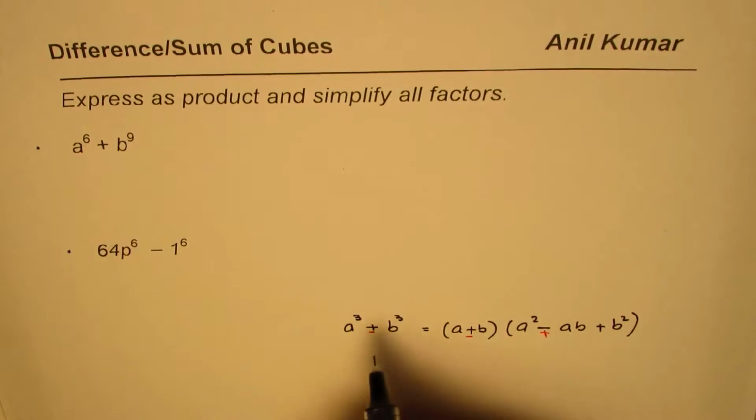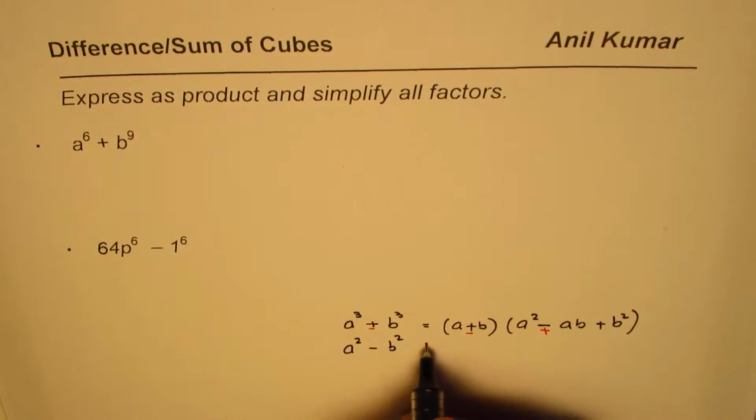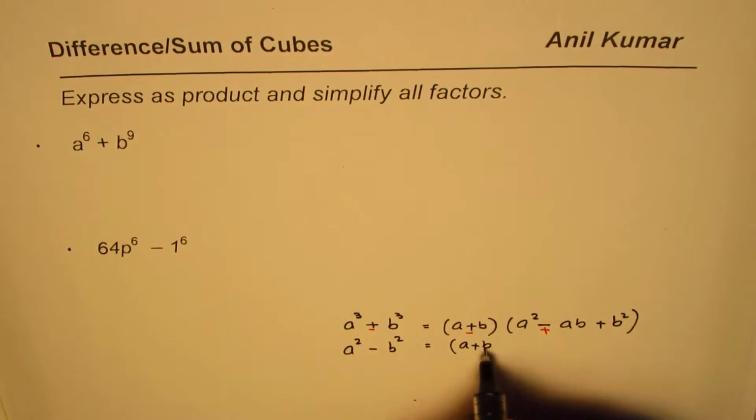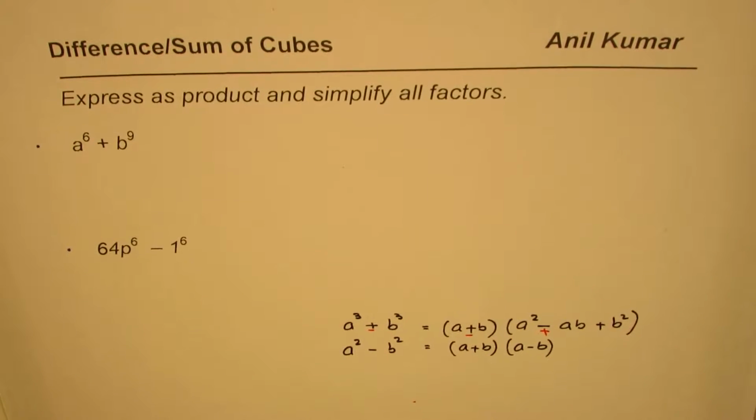You've also learned difference of squares, which is a square minus b square, could be written as a plus b times a minus b. Now, in factoring what you're given here, you may have to apply both these formulas. That's the reason I've given you these.